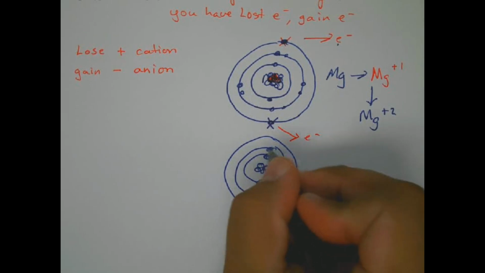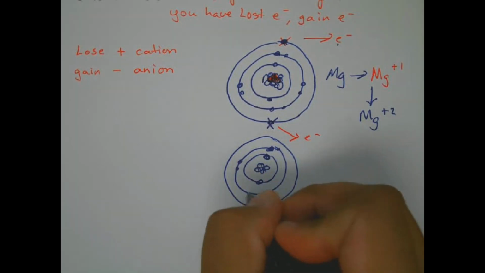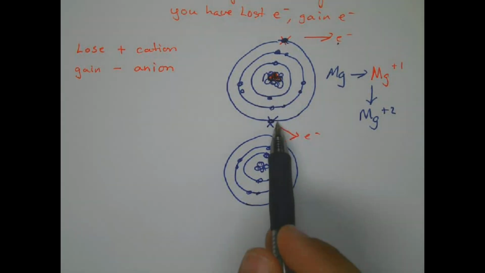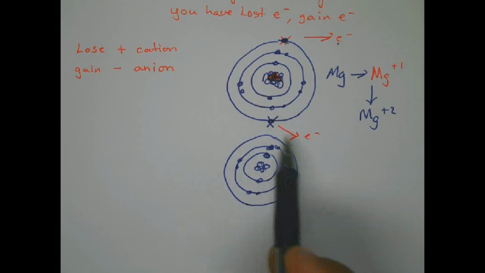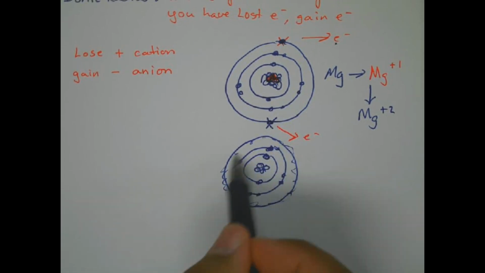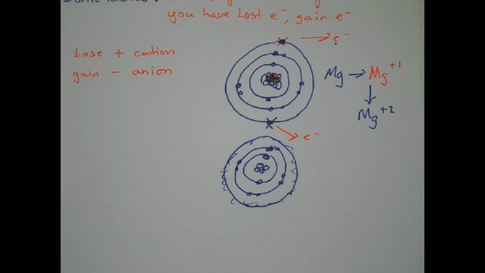Because now he has these electrons right here, okay? So this outer energy level that these 2 electrons were in is kind of fundamentally gone. So now we can pretend that this energy level isn't here. And now look at the radius.